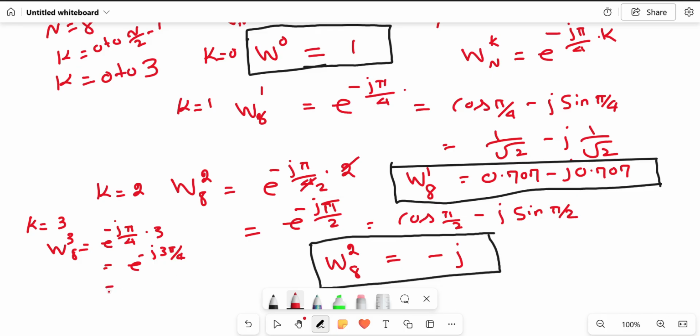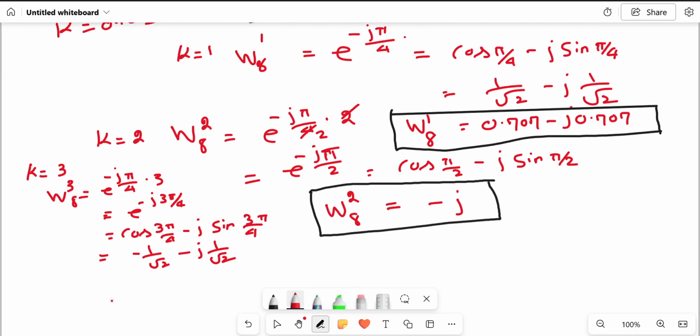So you can write cos 3 pi by 4 minus j sin 3 pi by 4, which is equal to minus 1 by root 2 minus j 1 by root 2. So that you can write minus 0.707 minus j 0.707. So this is W_8^3.